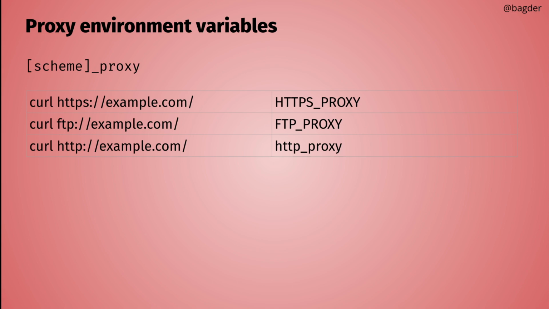And as you can see, the http one in lowercase, preferably, for reasons. If none of them exists, there's also a fallback: maybe there's an all_proxy set, and then it can use that. And it also checks no_proxy, even if one of the above matched. no_proxy contains a list of exceptions, host name patterns for which we should not use a proxy.